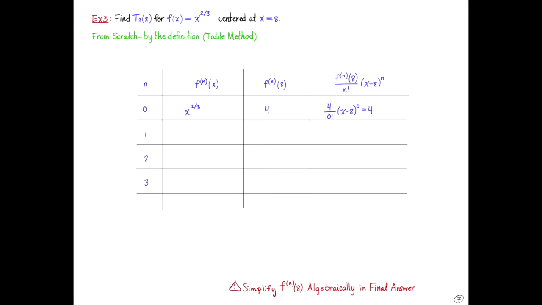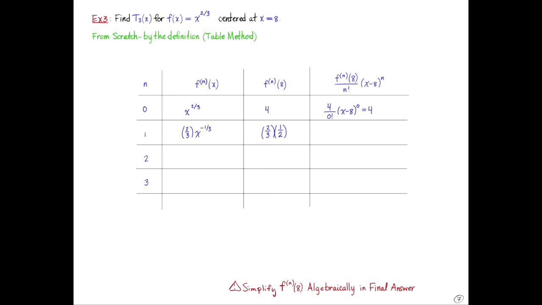The first derivative of x to the 2/3, let's bring our 2/3 down front. Subtracting 1 from the exponent, we have x to the negative 1/3. When x is 8, the cubed root of 8 is 2, and because we have a negative in the exponent, that means that the 2 has to go in the denominator. So we have 2/3 times 1/2.